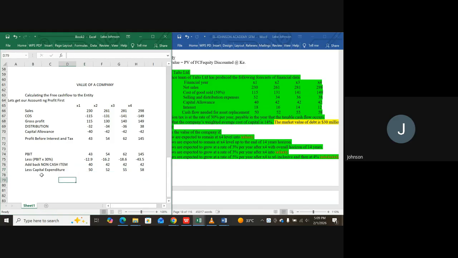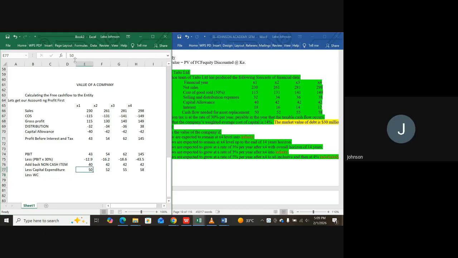Then the next thing, what else? Do we have working capital? Wait, the capital expenditure, is it not supposed to be minus? Yeah, that's true.